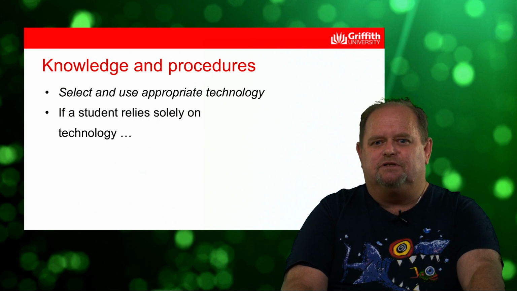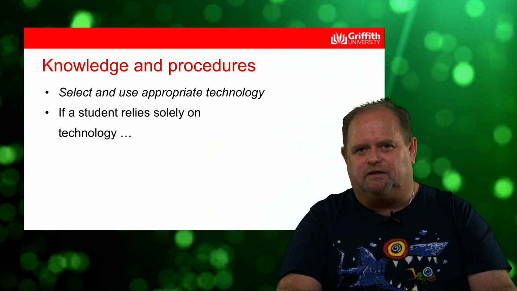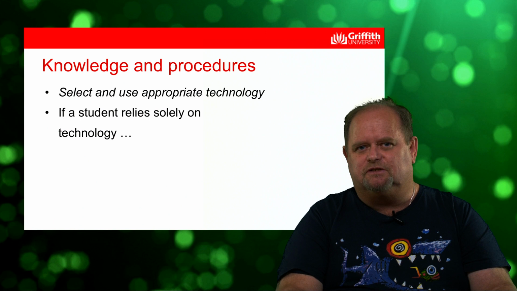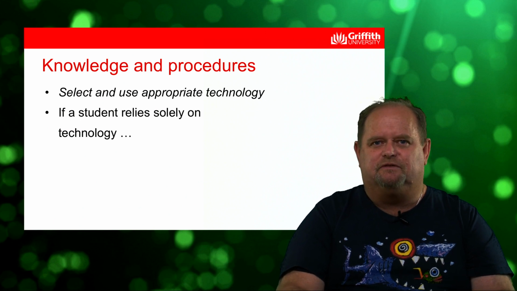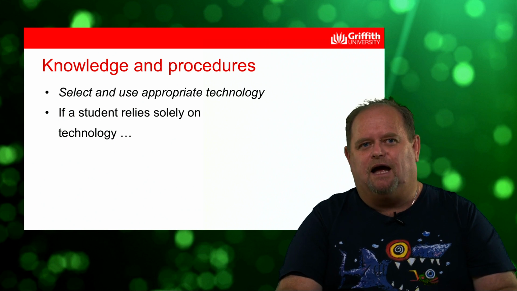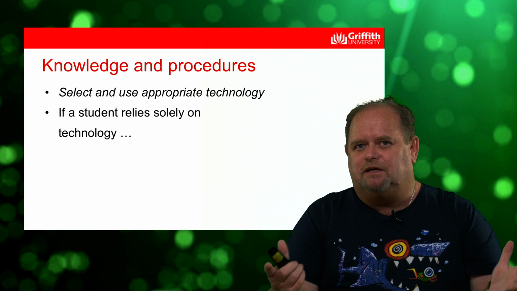Okay. So where are we going with this in terms of technology? What are the mandatory things? First of all, in knowledge and procedures, one of the 4 general objectives that's accessible, select and use appropriate technology is one of the bullet points that says we have to do it.